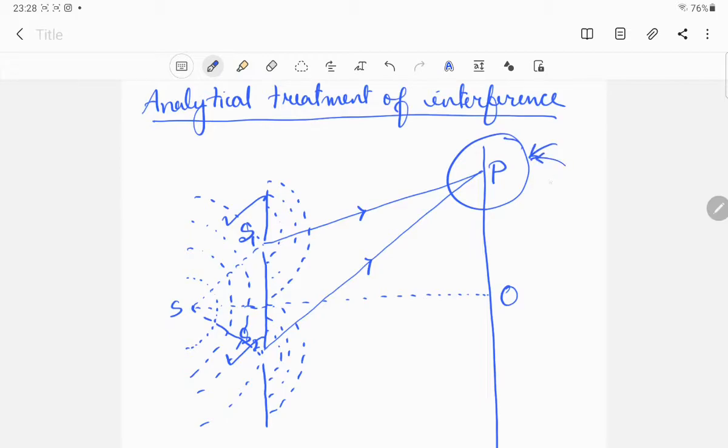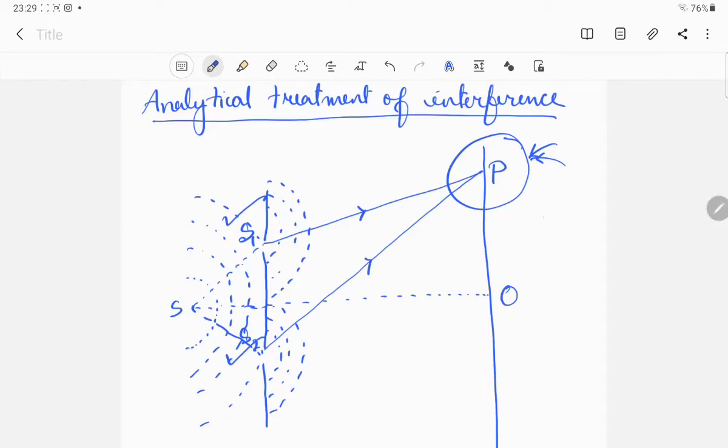This is nothing but the phenomenon of interference, fine. According to the superposition of two waves, the resultant displacement will always be the algebraic sum of the individual displacements by the individual waves.